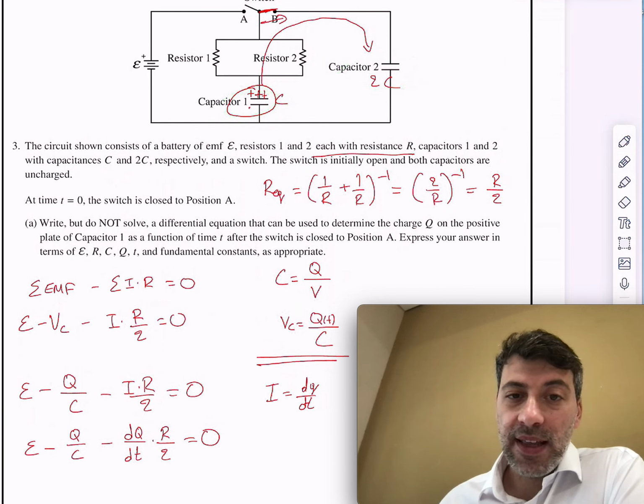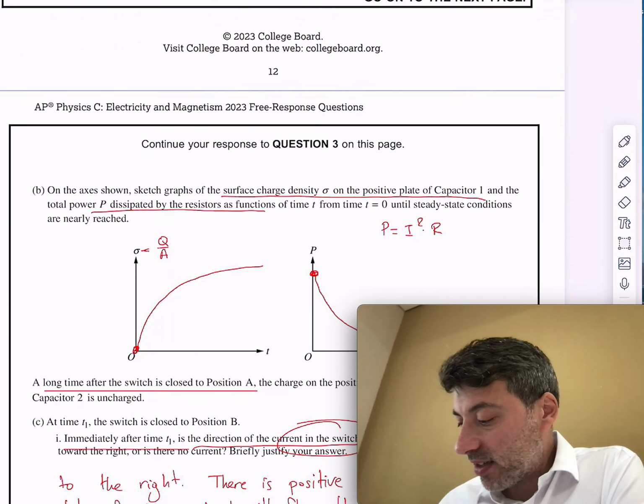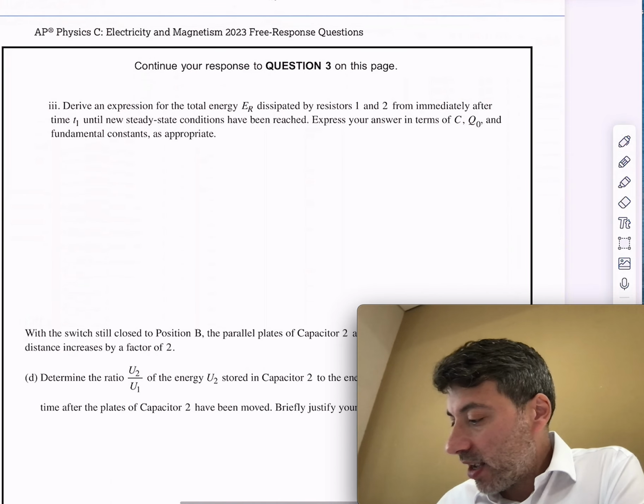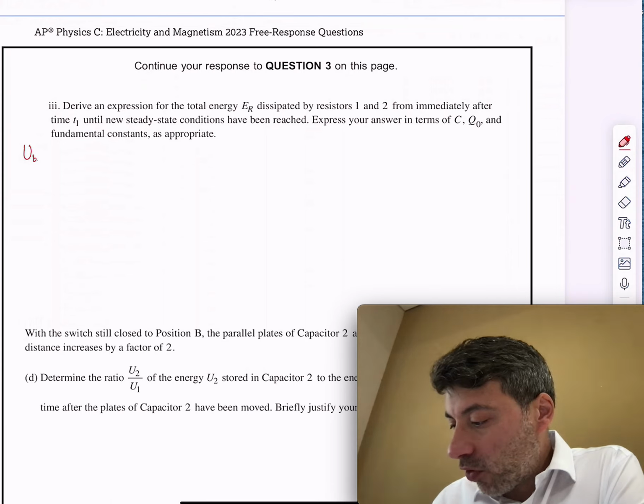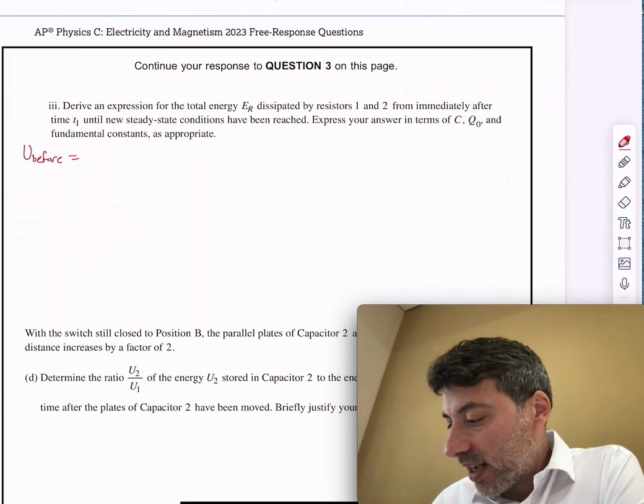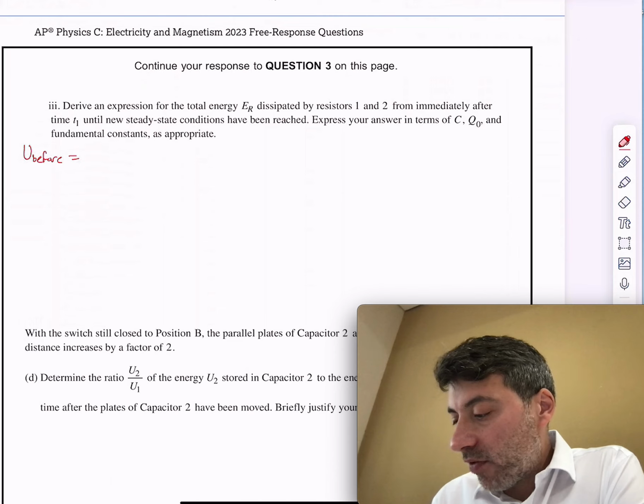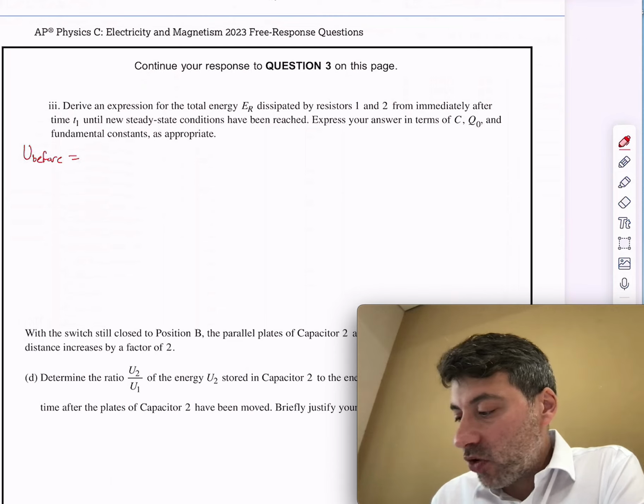So from the difference in the two energies, we will find what is the total energy dissipated. So we need to say that the potential energy before was... there are three formulas for the energy of the capacitor.